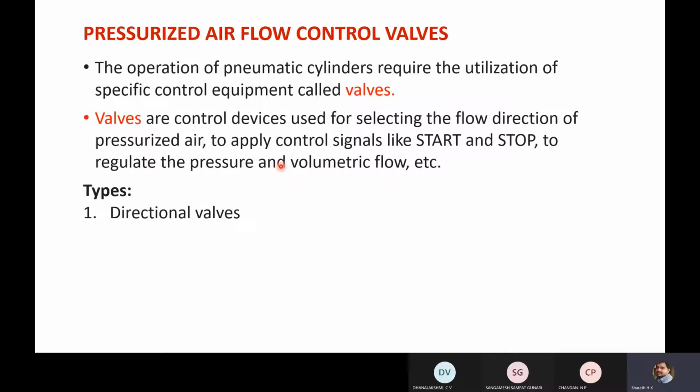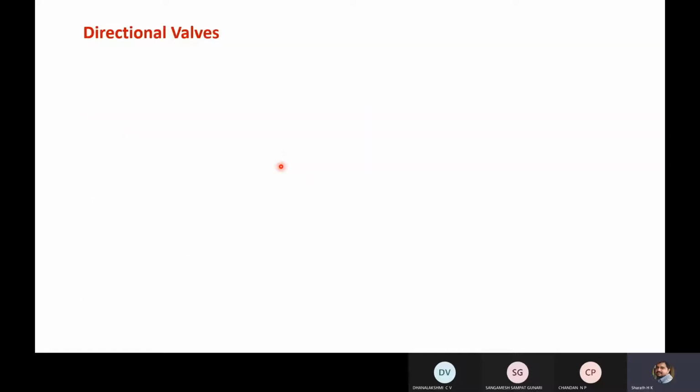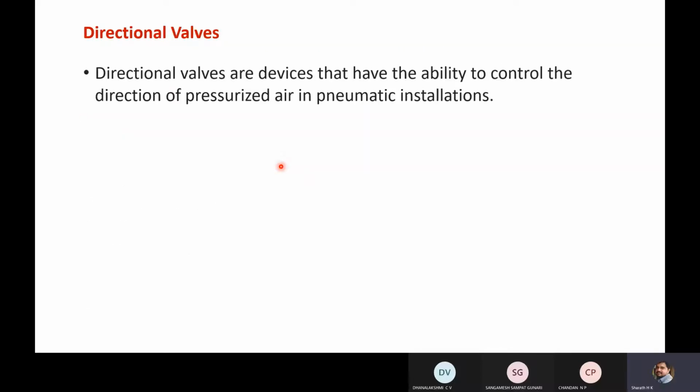Next, there are different types of valves: directional valves, non-return or check valves, pressure control valves, flow control valves, isolation valves. We are going to discuss all these in detail, and most of these are already familiar to you. First, directional valves.